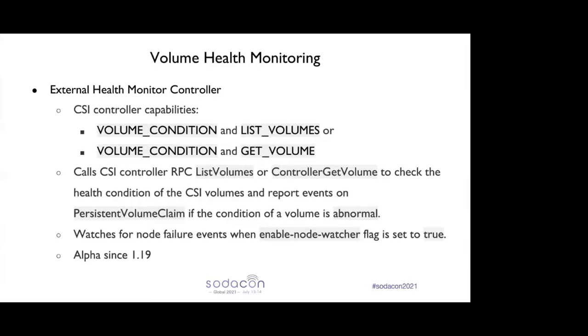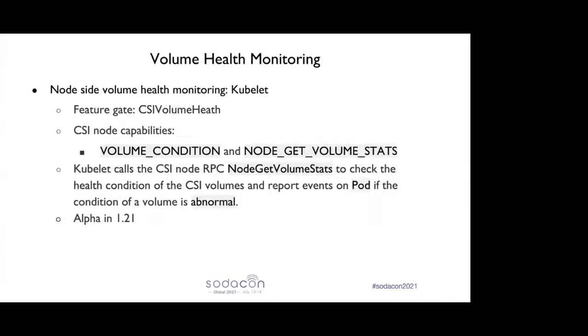There is also a node watcher component in the controller. If the node watcher is enabled, an event will be reported on the PVC to indicate that the pods using this PVC are on a failed node when a node failure event is detected. The controller-side volume monitoring has been alpha since 1.19.